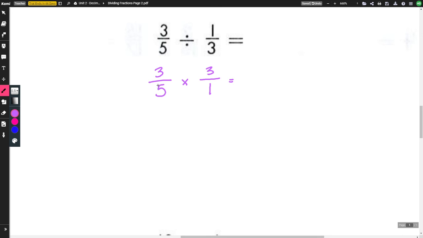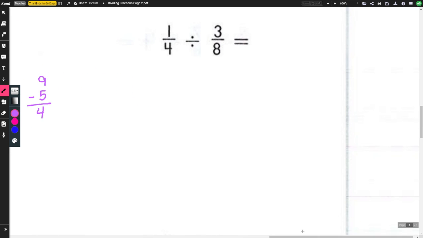So we're just going to multiply across. So we have 9 and 5. 9 is bigger than 5, so we do need to figure out how many times 5 can go into 9. 9 divided by 5, 1. 9 minus 5, 4. So we have 1 and 4.